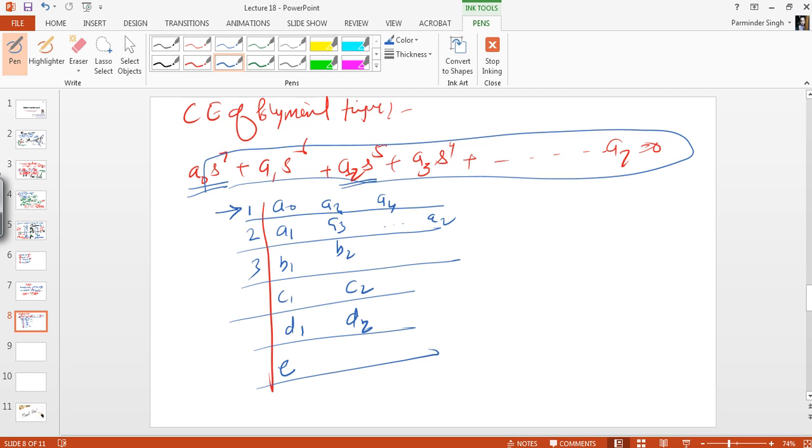They all should be positive in nature. It doesn't work if even a single one is negative in the system. It should work for all the systems. Now how to calculate b1 b2? Let's see.